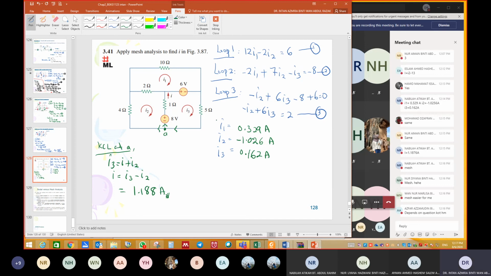Mesh, yes, because it is very straightforward. You just write the loop KVL for each loop, and then you can get each I. If you use nodal, you must be very, very careful.